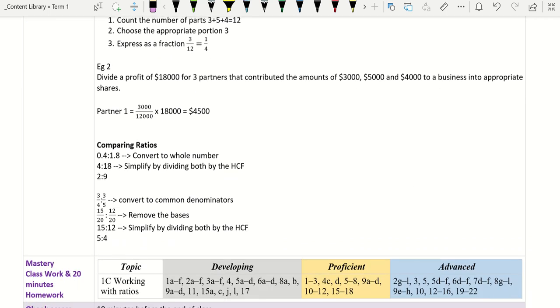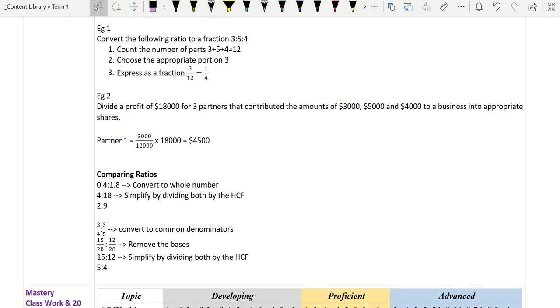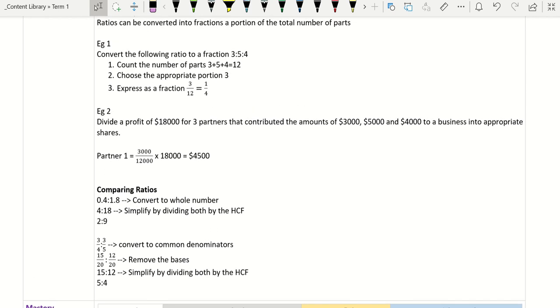The next thing is a little bit more of a thinking question, and you'll find this a bit more of a real life application. If we want to divide a profit for 3 partners who contribute 3,000, 5,000 and 4,000 into a business, into appropriate shares, well, isn't this just the same ratio as up here? But I just put thousands on the end.